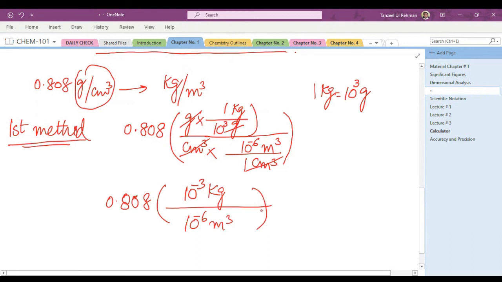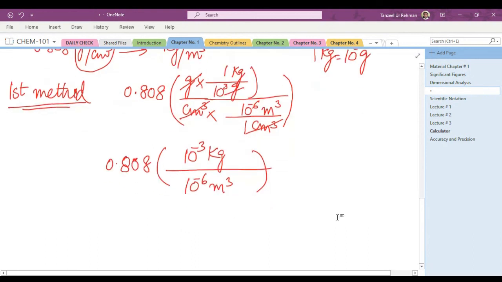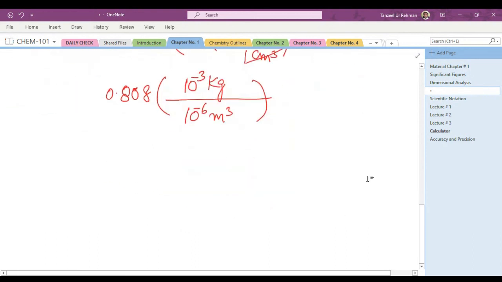Now here we have 0.808, and 10 to the raised power minus 3. When this minus 6 moves to the numerator, it becomes plus 6, kilogram per meter cube.